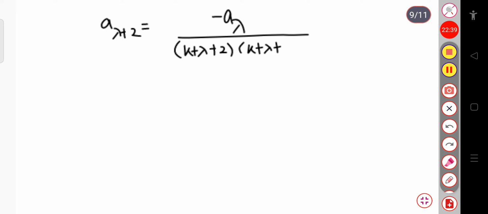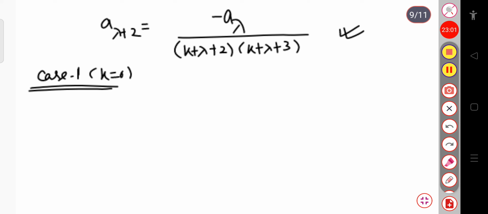Okay. So first of all, you know there are two values of k, one is 0 and another one is -1. So let us take the first case, case 1, when k equal to 0. Now when k equal to 0, this expression is the most important expression. While calculating the Frobenius series, up to this much you always have to calculate.